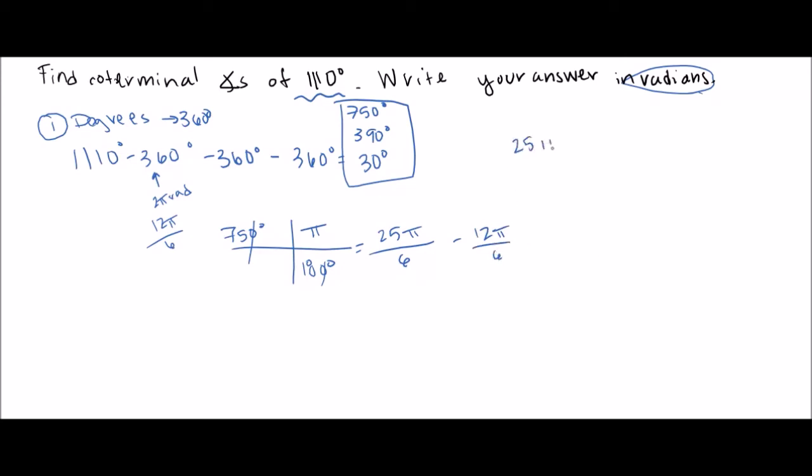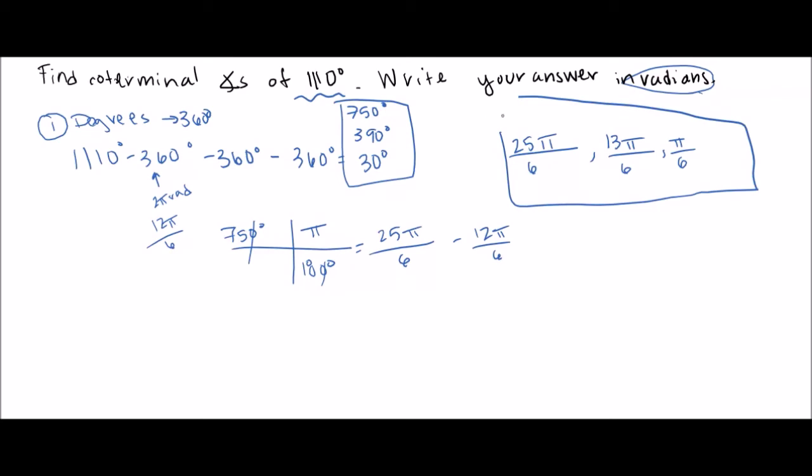So my coterminal angles are 25 pi over 6, 13 pi over 6, and then subtract it again, we get pi over 6. So these are the coterminal angles of 1110 degrees written in radians.